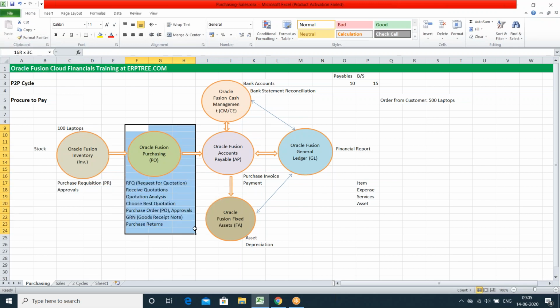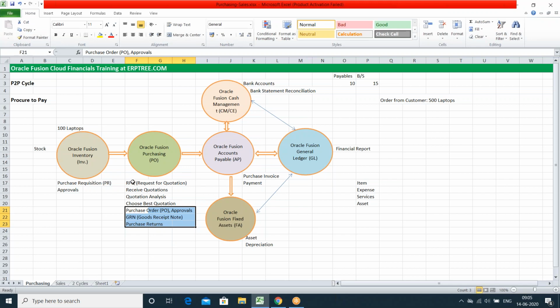This is one of the purchasing applications. Along with purchasing, we have different applications. Along with these activities, what are the other activities you do? All together we call it procurement. Ideally, these activities we handle in the sourcing application, and these activities we handle in the purchasing application.